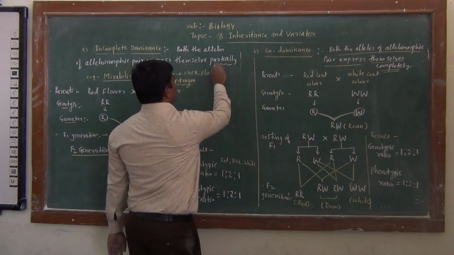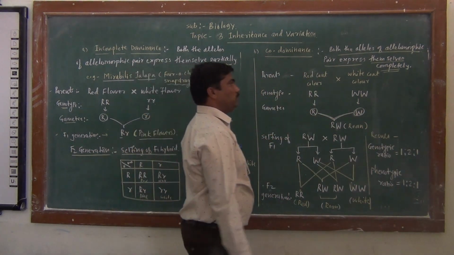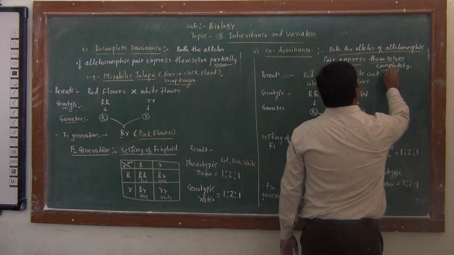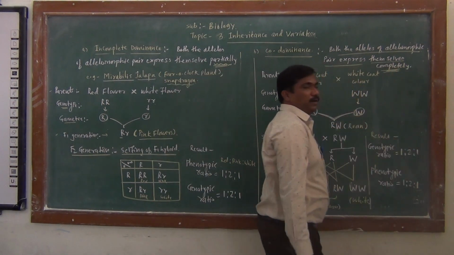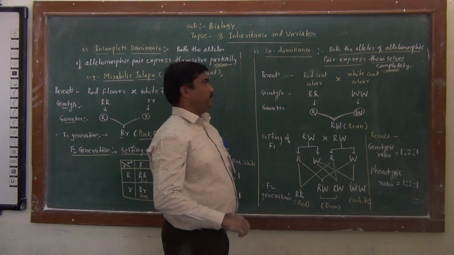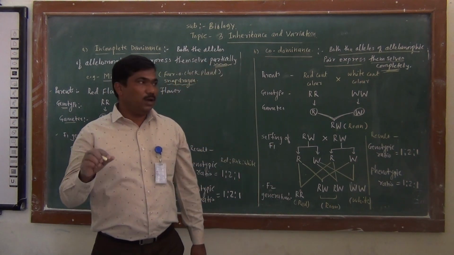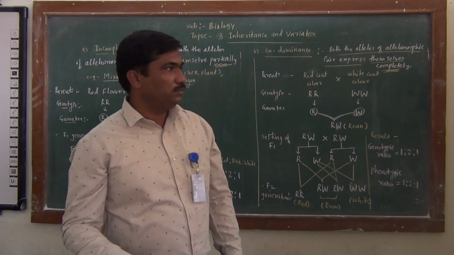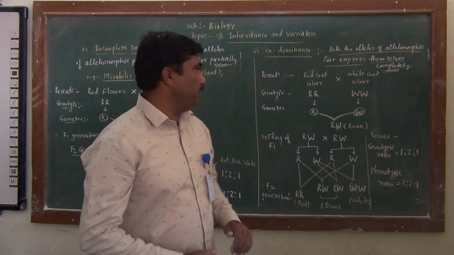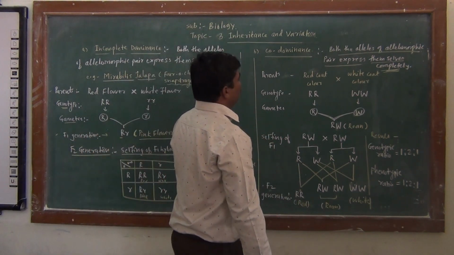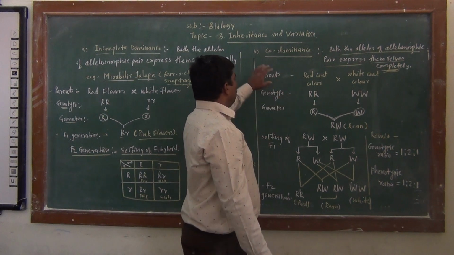Here we said partially, and in codominancy we say that they express themselves completely in an F1 hybrid. So both the alleles express equally, or completely.